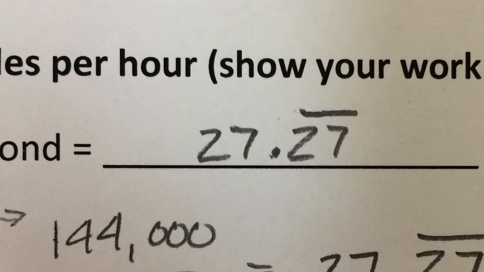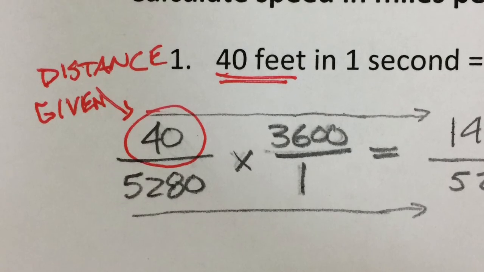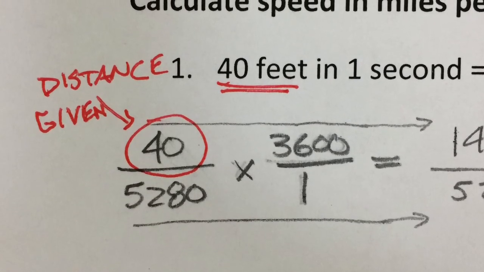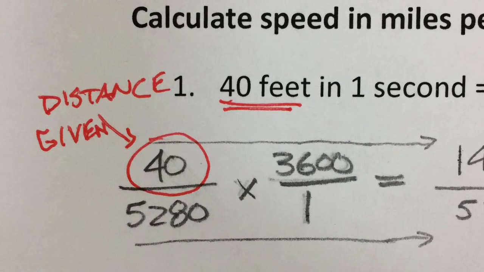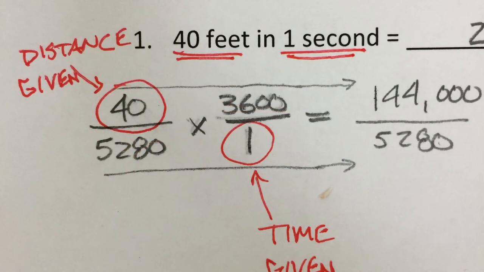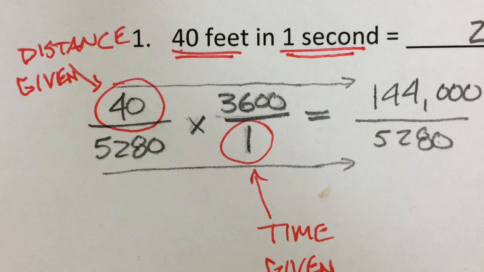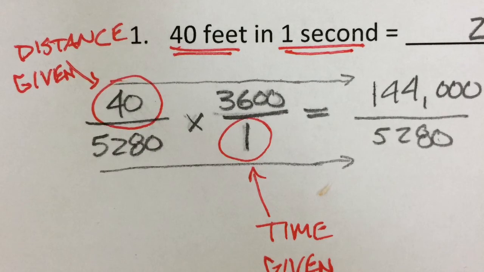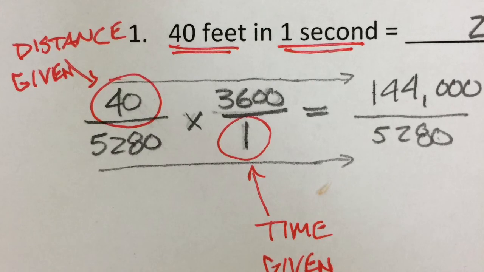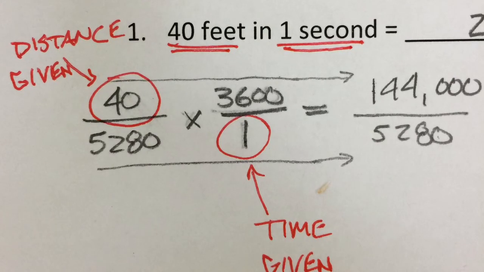Make sure that you're showing all your work, that you plug your answer back in on the answer space that's left there. Always include units. That's important. Every single problem is going to get set up the exact same way. Start with your distance given from the problem, and you divide that by your conversion factor for distance, which is 5,280.